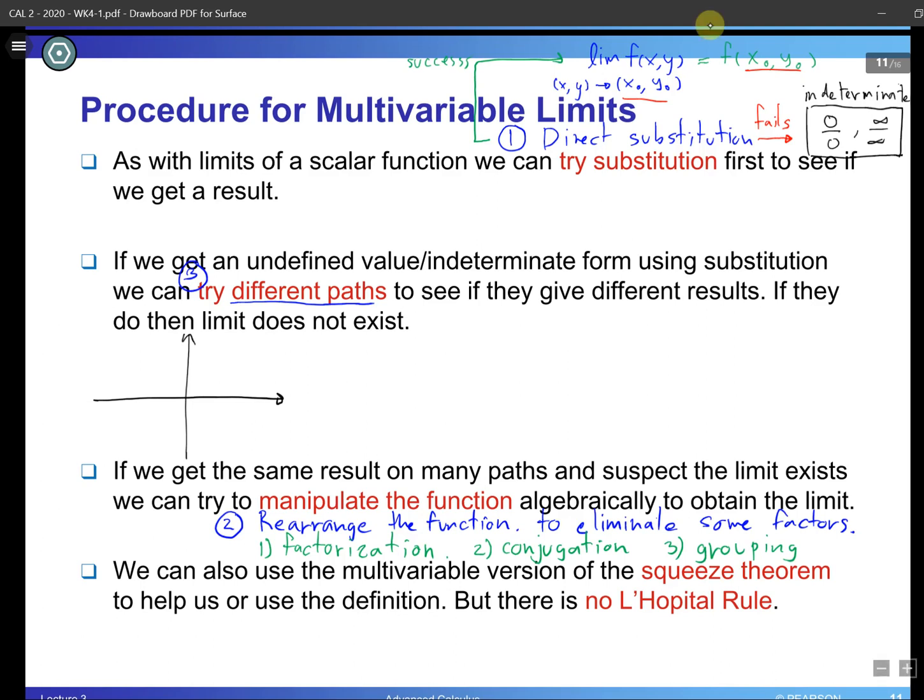So let's take a look at the first one, where we approach a point with a straight line. Let's focus on the origin here, and we try to approach this origin with straight lines. So here we have the first one, straight line. And then maybe we have this one too, and this one.